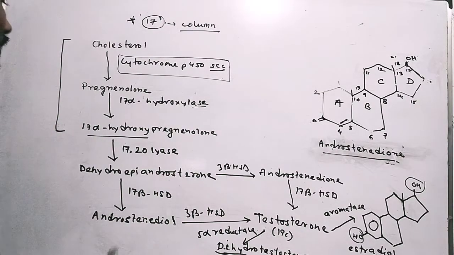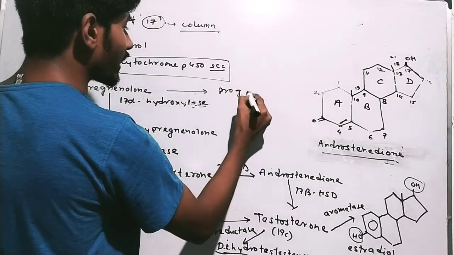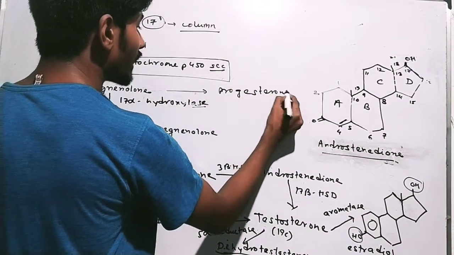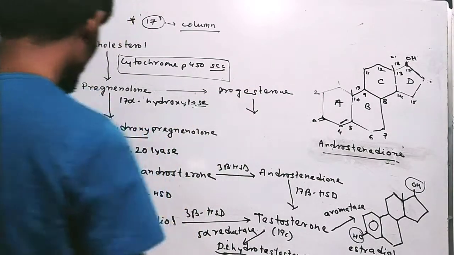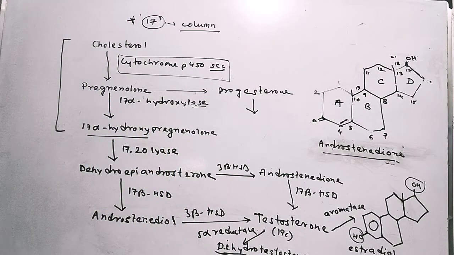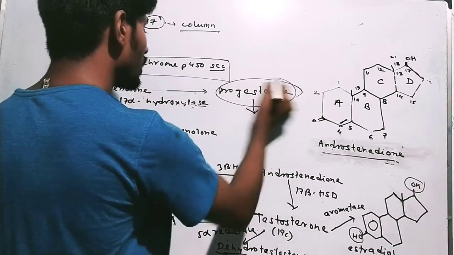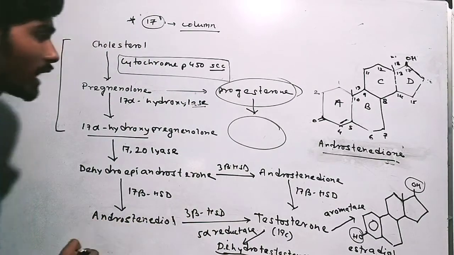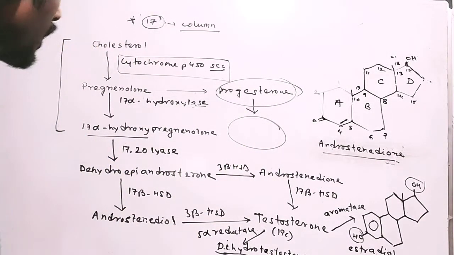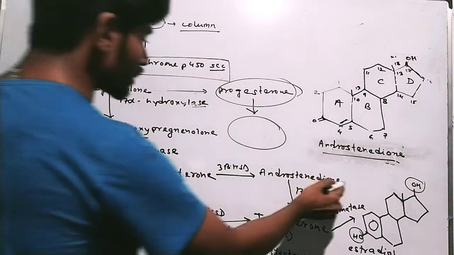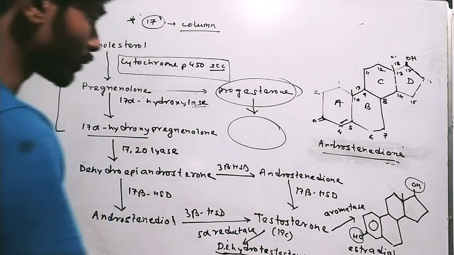For example, from pregnenolone you can get the progesterone, as I have told you earlier, and then if you introduce 17-alpha hydroxylase enzyme here, it will be 17-alpha hydroxyprogesterone, and then the 17-alpha hydroxyprogesterone can be converted to androstenedione, and you know the basic pathway from here.